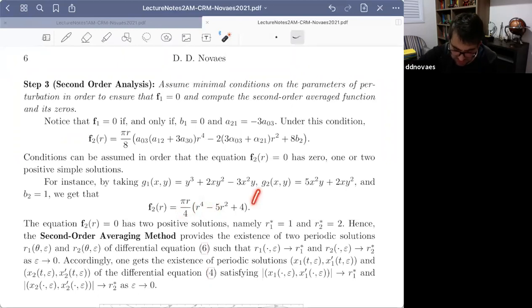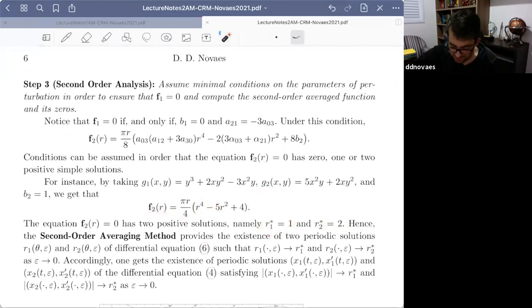And it is easy to see that for this second order average function, r1 star equal to 1 and r2 star equal to 2 are two positive solutions of f2 equal to 0.